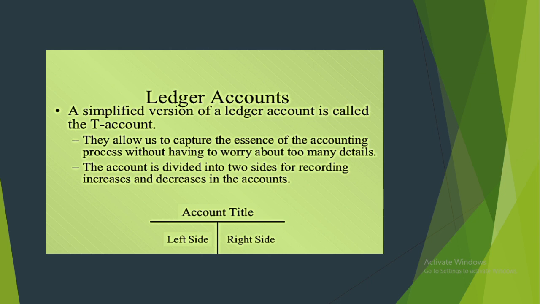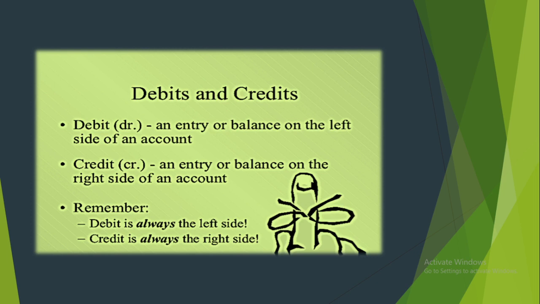They allow us to capture the essence of the accounting process without having to worry about too many details. So the account is divided into two sides for recording increases and decreases in the accounts. So account title, like there are two sides, left side and right side.